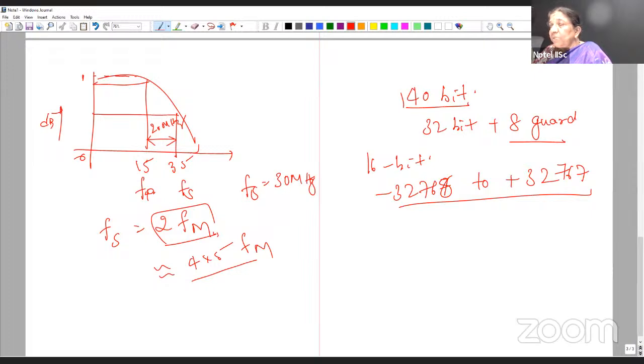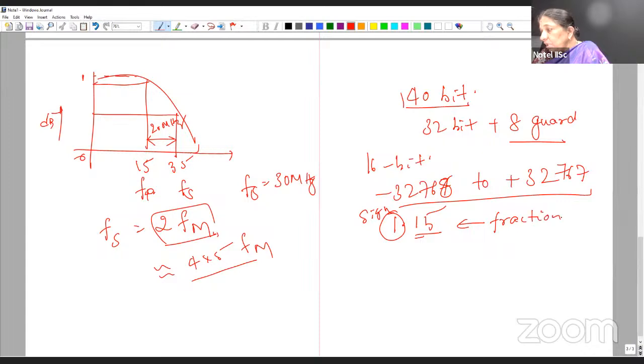Usually we represent it in fixed point. If it is a 1.15 format, the first bit is the sign bit, and the rest I allocate as the fraction.